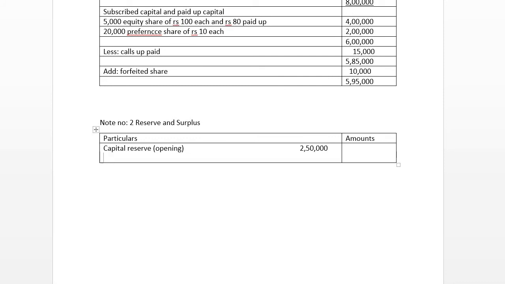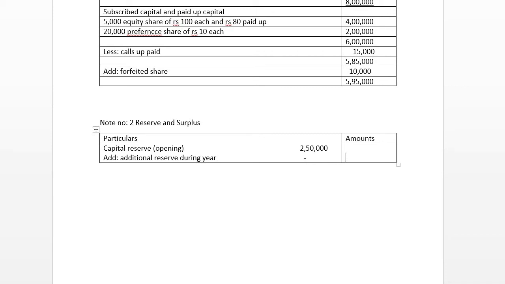Suppose in the given question, any additional reserve during the year is given. Suppose any additional reserve for the present year is given, at that time what we have to do? We have to add that reserve to the opening reserve. If the reserve is not given, keep it as blank.